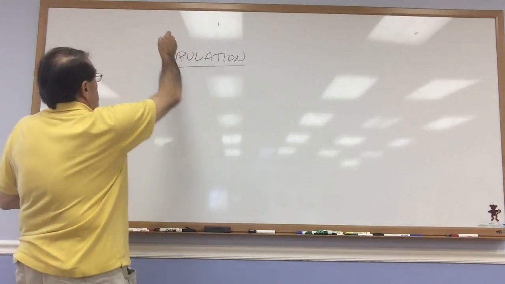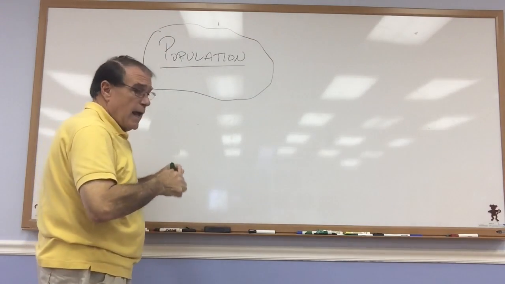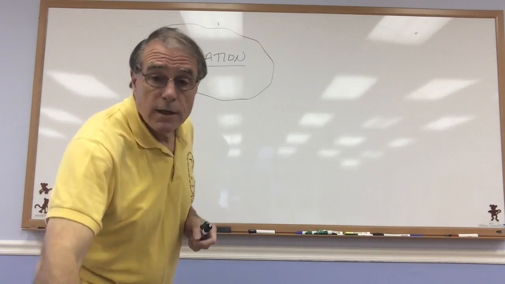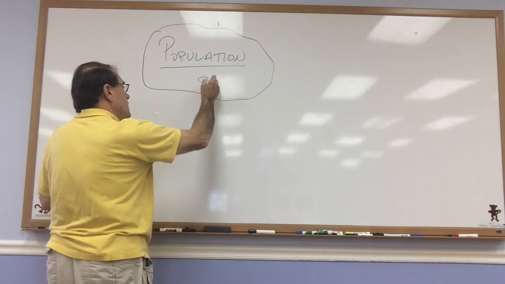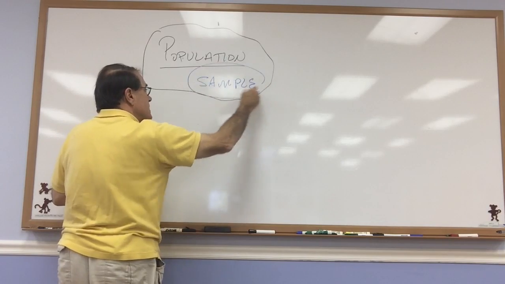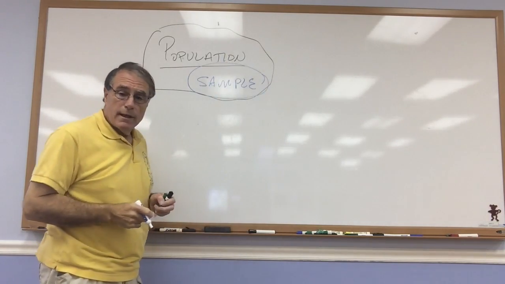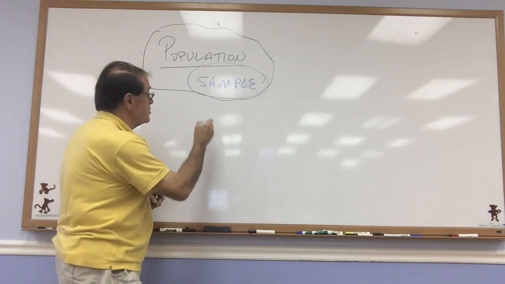Well, we go into this population, and from this population, we want to select a sample. So the sample is taken from the population, but it's so important that the sample is random.